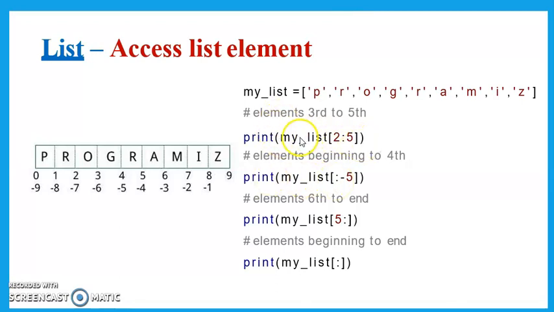So this statement prints the third element to the fifth element, and this statement prints from the beginning to the fourth element. This statement prints the sixth element to the end of the list. This statement prints elements from the beginning to the end. This statement prints the entire list.